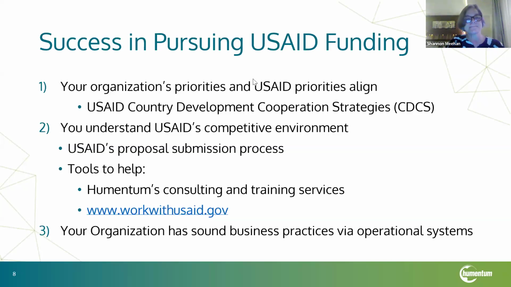And I would encourage you to take Humentum's rules and reg course to go through all of the changes of the rules and regs. The participant support costs can be directly given to the participant, or the organization can manage the implementation of its participant support costs. It's up to you.